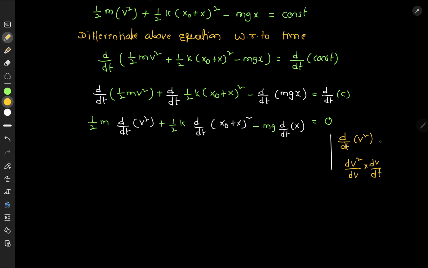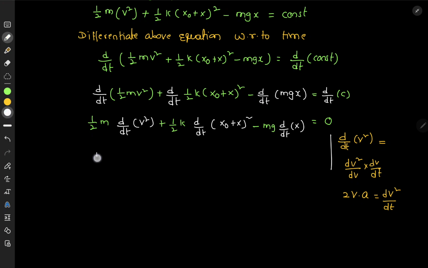Then d by dv of v square is going to be 2v into dv by dt, which is a. So dv square by dt you are going to write as 2va.